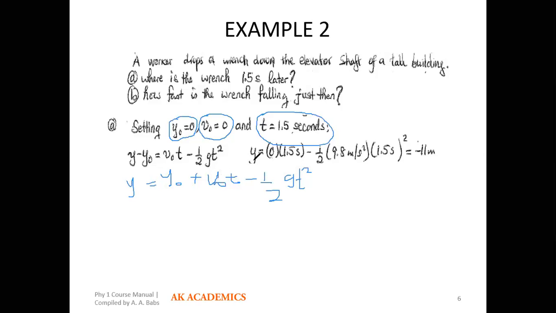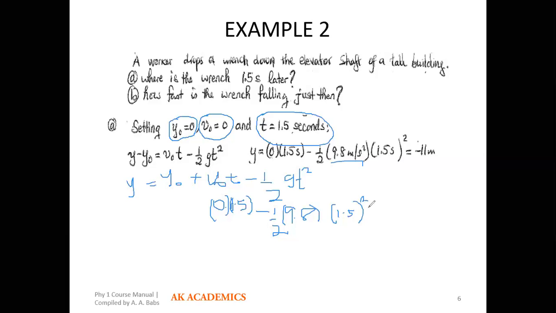So we can then start substituting. For example, v naught is 0, multiplied by 1.5 seconds. And then we have minus one half, our g is 9.8 meters per second squared, multiplied by our t, 1.5, all squared.